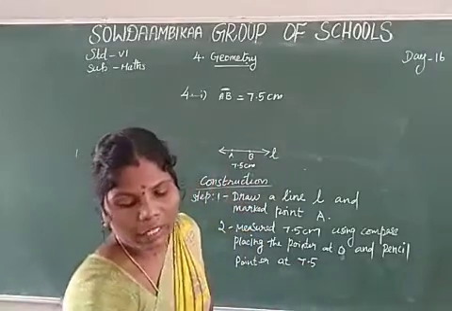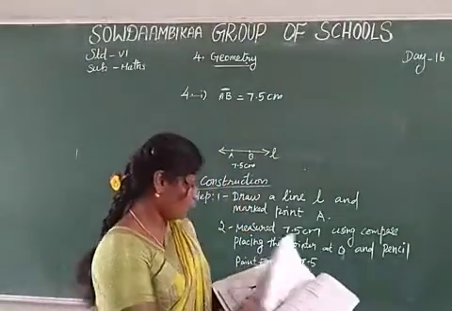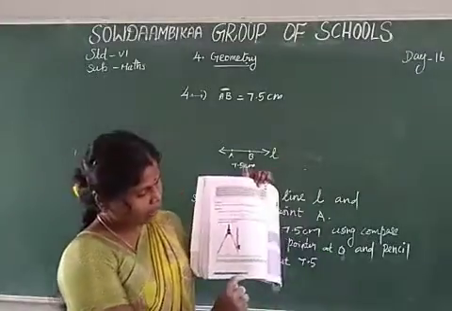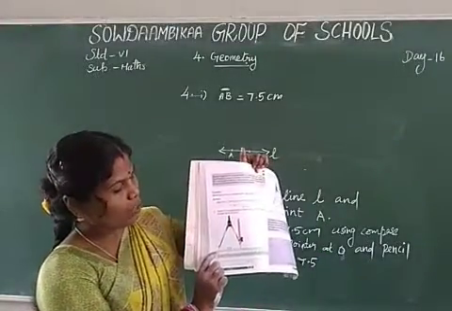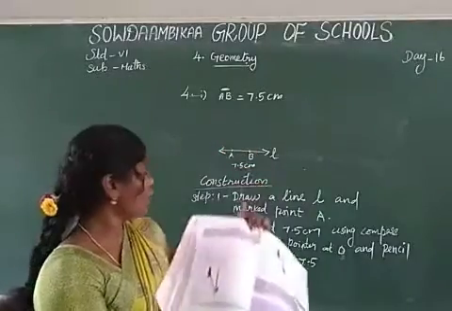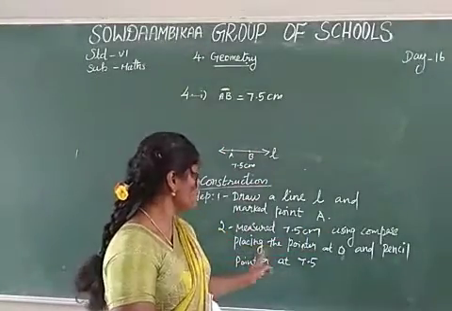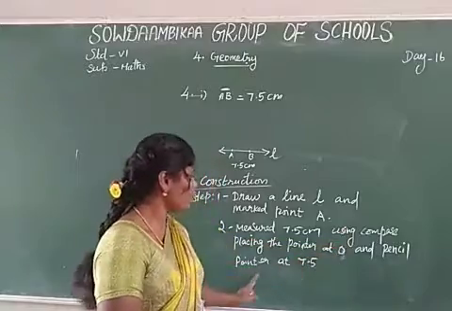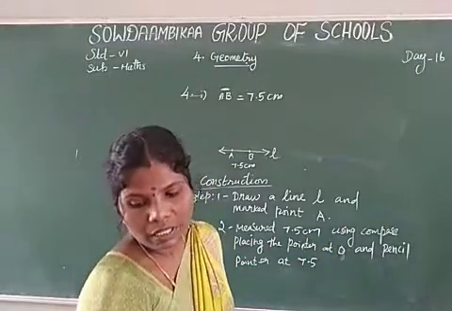Measure the 7.5 using compass, placing the pointer at 0 and the pencil pointer at 7.5 centimeter.